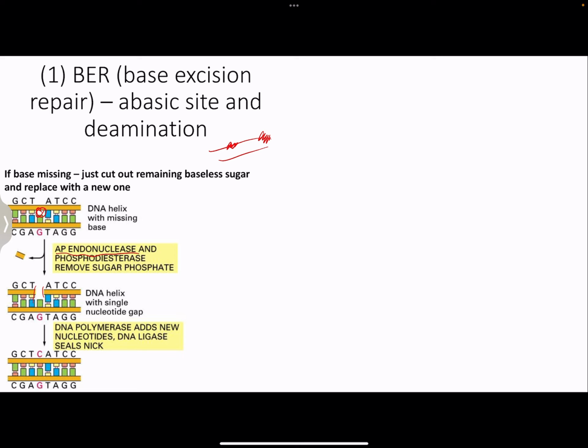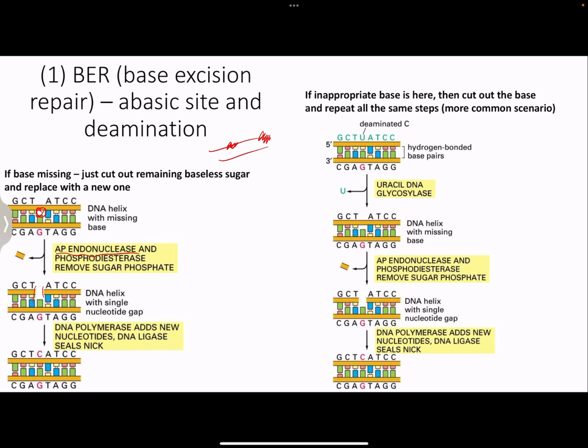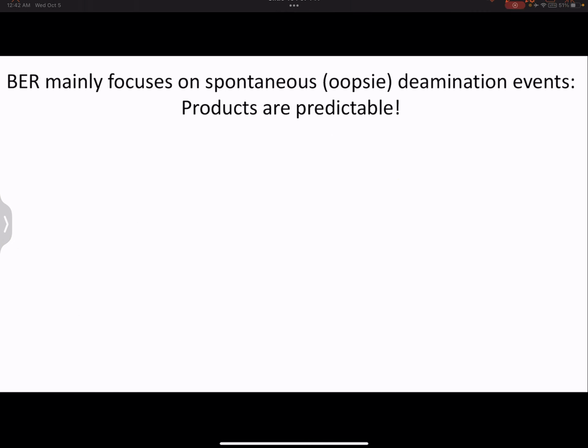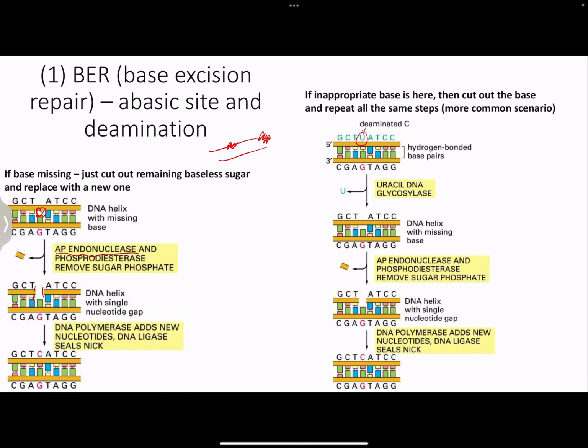So, endonuclease cuts out, and that makes sense because we're in the middle of the genome, not at the ends of the chromosome. And then the DNA polymerase fills in, and then ligase glues it together. So for BER, could just be that you're missing a base. It's abasic, but it's probably more likely we have a deamination. So C is deaminated to U, and these don't match anymore.